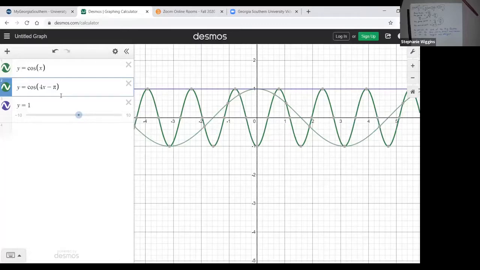Adding on the outside shifts up, subtracting on the outside shifts down, but adding on the inside shifts it left, and subtracting on the inside shifts it right. So you might want to review those translation rules from algebra, but you don't really have to worry about it too much because I'm not going to have you actually graph anything for the test.